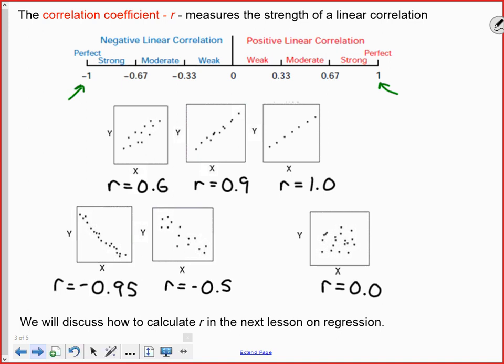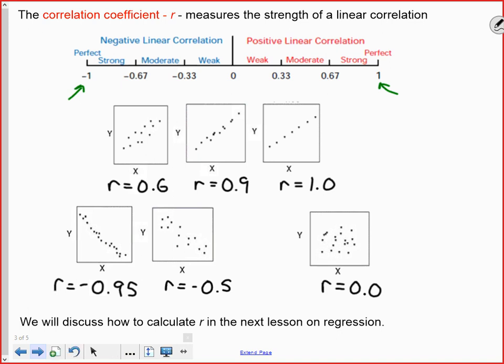You're not expected in this course to calculate these R values by hand. That's one of the reasons that we're going to be doing all of this using spreadsheets, because we can get the spreadsheet to calculate the value of R for us. We're going to do that in the next lesson when we look at doing regression, or fitting functions to our curves. But for now, you just want to recognize that you can use this correlation coefficient to measure the strength of a linear correlation.